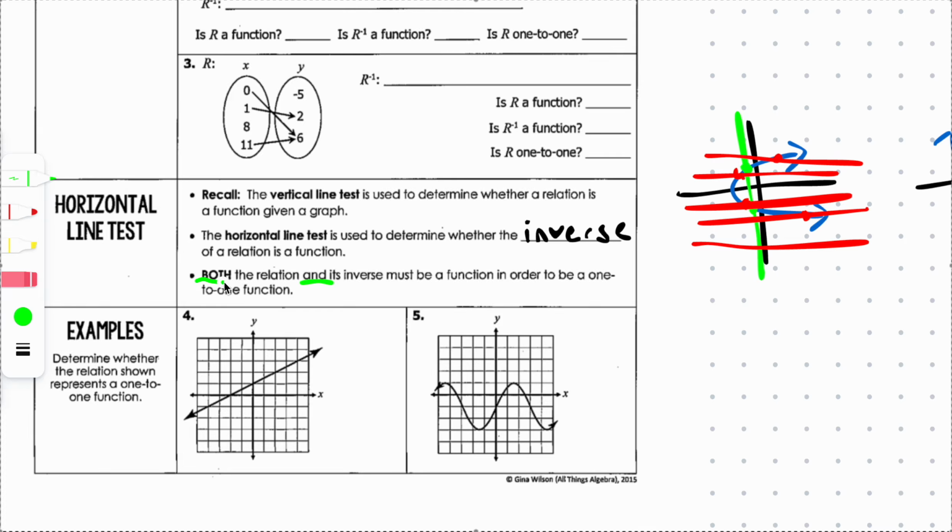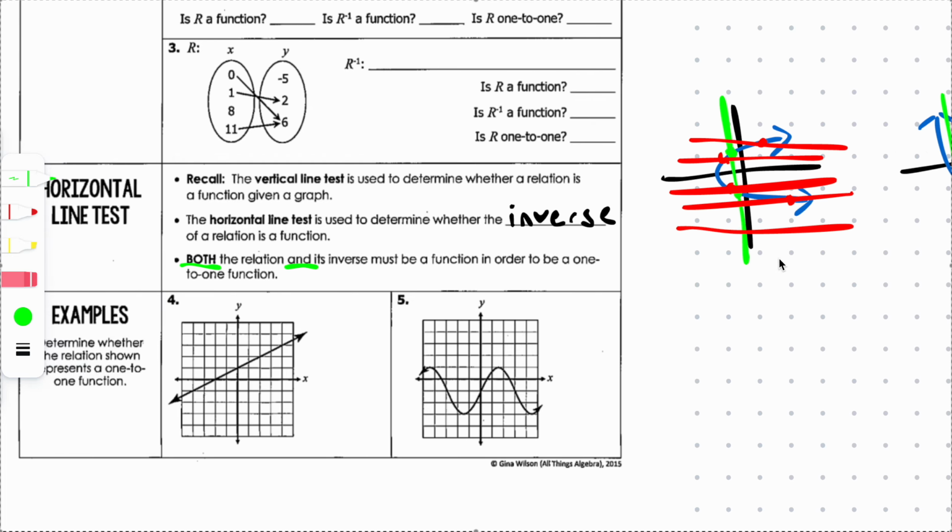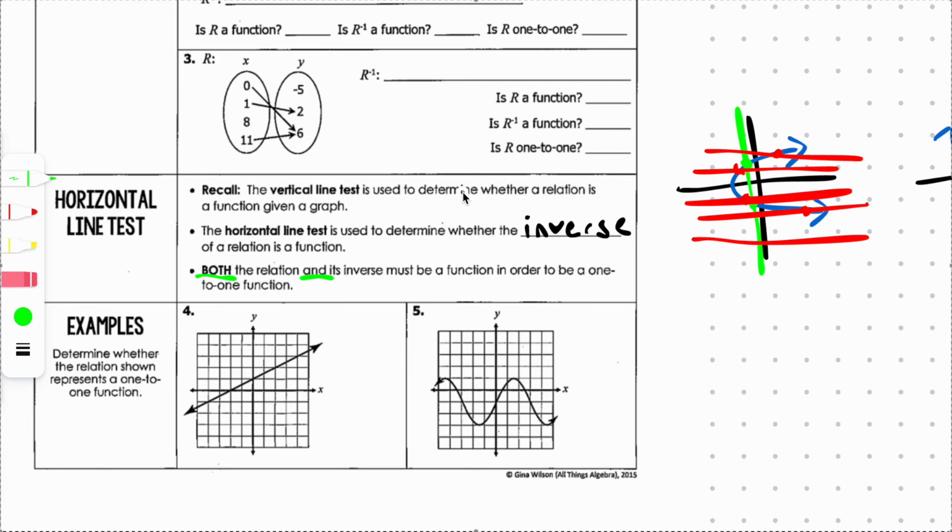Okay, so in order for a function to be one-to-one, its relation and its inverse both have to be a function. Okay? So both the inverse and the regular function have to pass the vertical line test. Or you can just say the function regularly has to pass the vertical and horizontal line test.